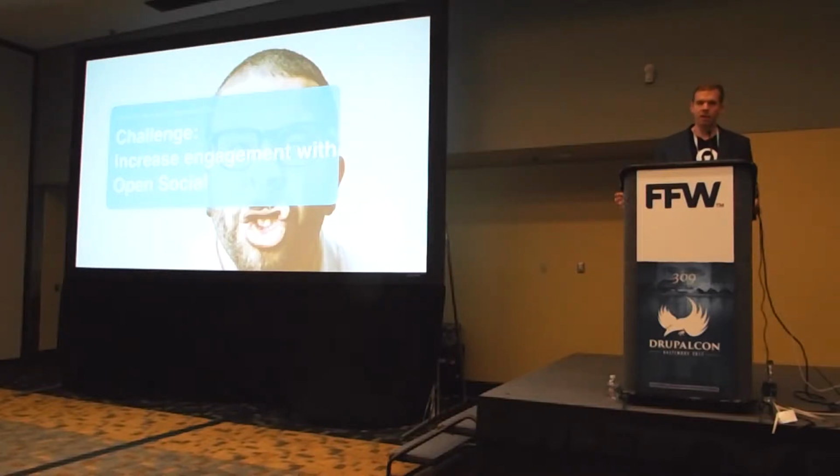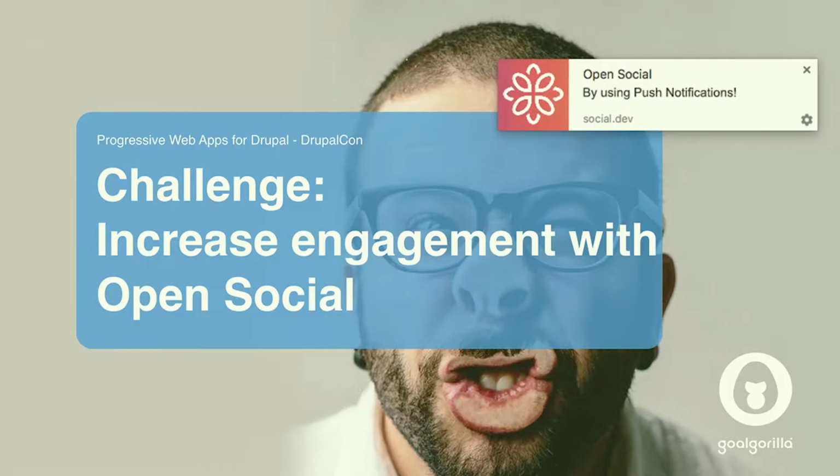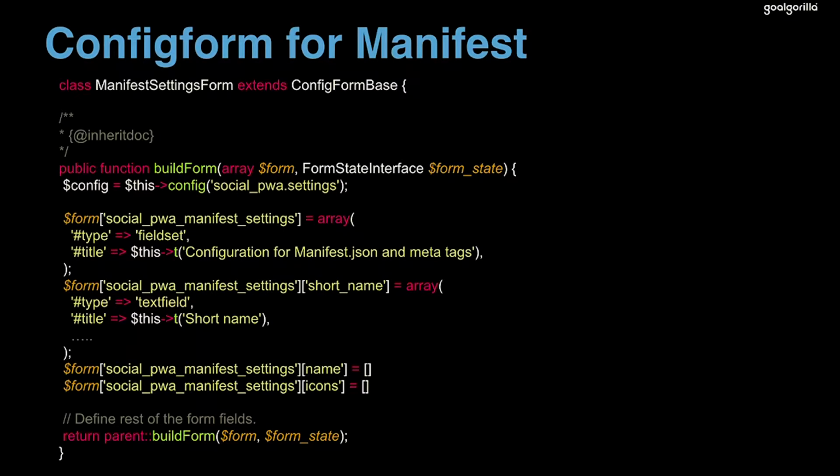People should come back, should get triggered to come back, and make your platform bigger and bigger, with more content and more value. So that was our challenge, and the way we tried to meet that challenge is by using push notifications. I would like to dive a bit into the code with you on how we did this.